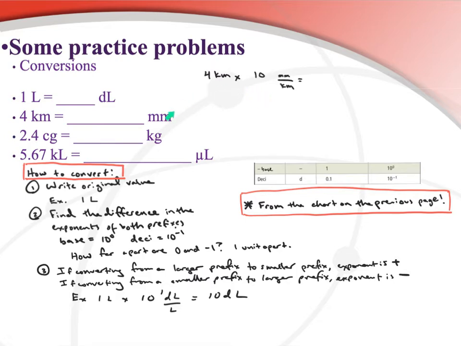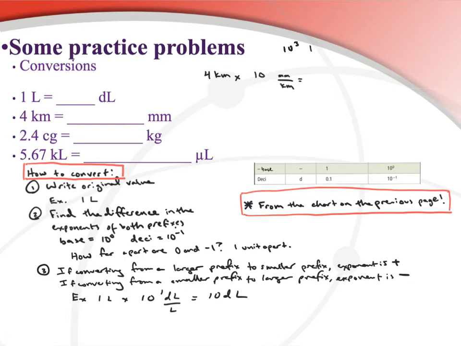All right, so let's look at the second example. Here I'm going to go from kilometers to millimeters. So my first step was to just write down the original value for kilometers, so I wrote that down. Step 2, find the difference in the exponents of both prefixes. So we need to go find kilo. Kilo is 10 to the third.